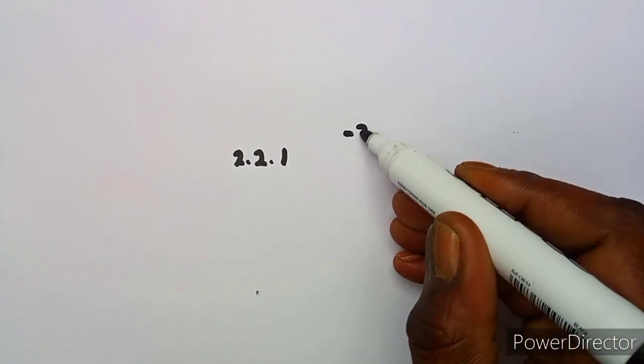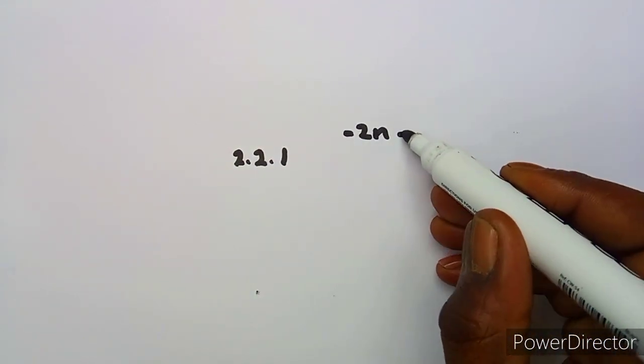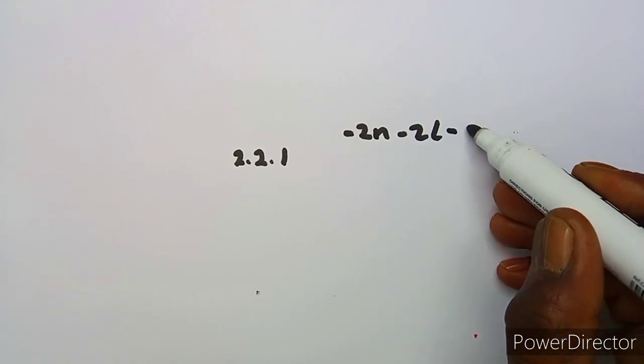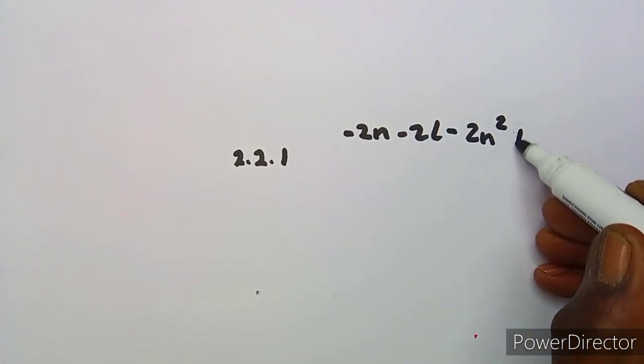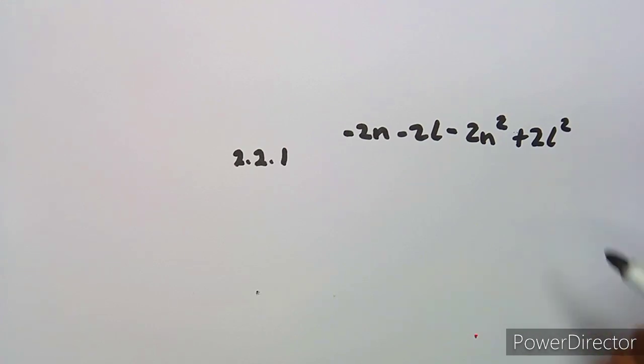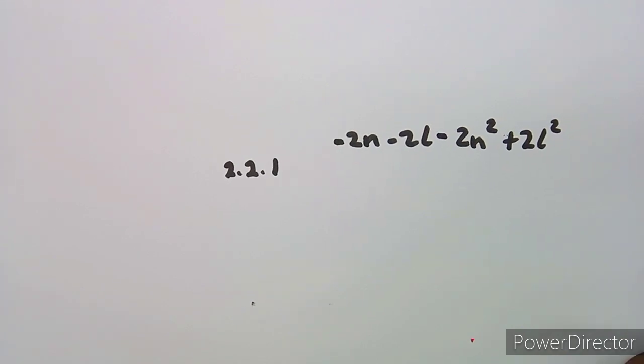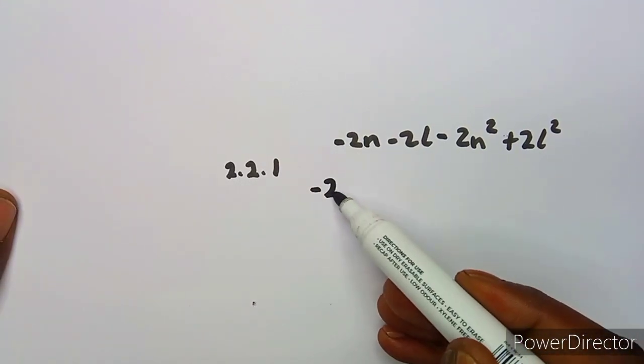The first one was minus 2n minus 2l minus 2n squared plus 2l squared, like that. That is what we had on the first one. So on this one, it's going to be actually difficult for us to separate, but we can factor out minus 2, which is common here.